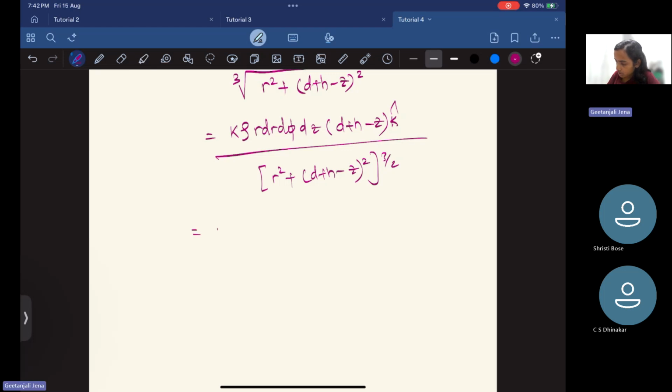So now we just need to take the integration. The d phi integration will give 2 pi.